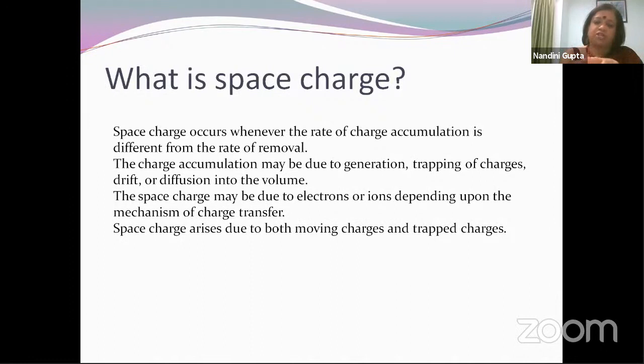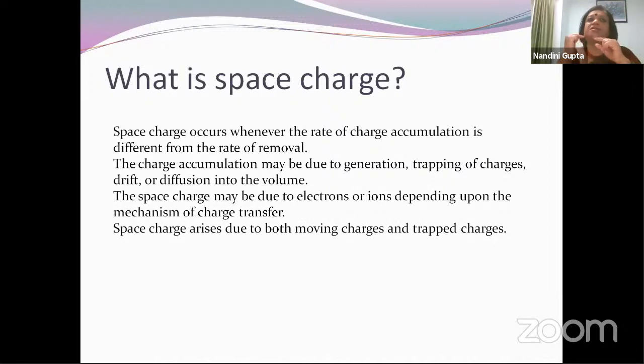So I just want to stick to a discussion on space charge and not the associated phenomena. When you have this kind of field exacerbation due to a space charge, what really happens is this: below a certain applied field, space charge does not accumulate within a material and everything is hunky-dory.